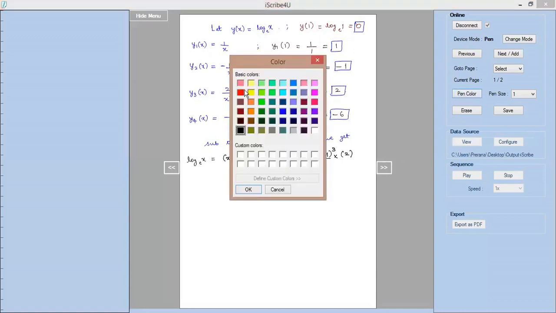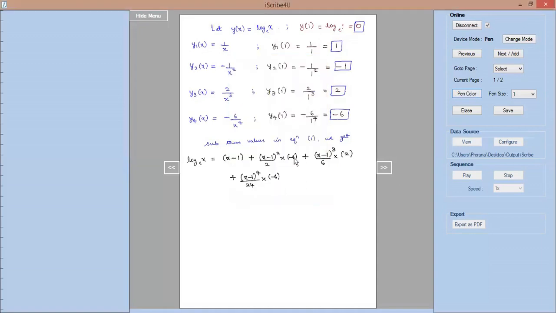Now we simplify this expression. We'll simplify the constants, numerator, denominator. So we have 2 1s are 2 in the third term, and we have 6 1s are 6 and 6 4s are 24 in the fourth term.